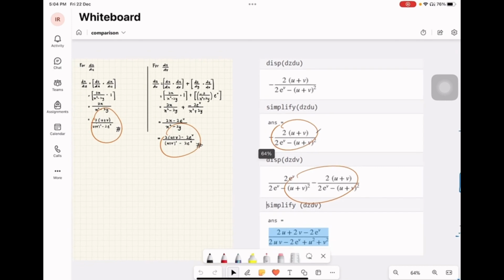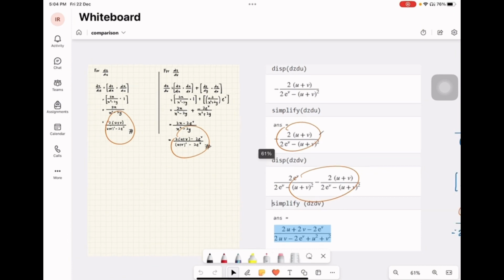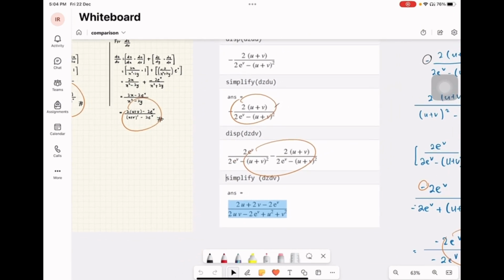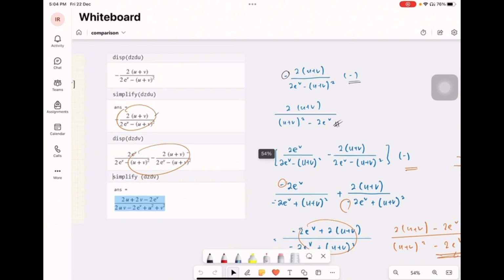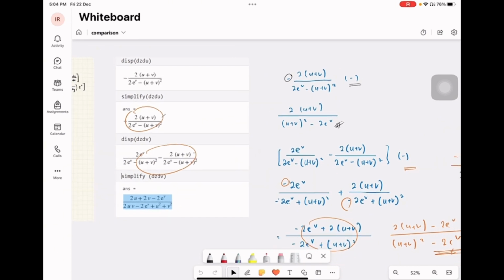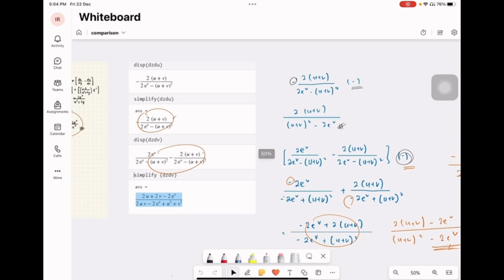Second is dz/dv. The manual calculation answer is 2(u plus v) minus 2 exponent v over (u plus v) squared minus 2 exponent v. And for the MATLAB simulation answer, as I explained, I multiply by a negative sign, and then all the signs have changed.